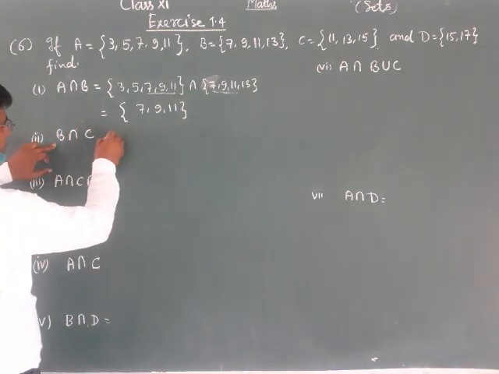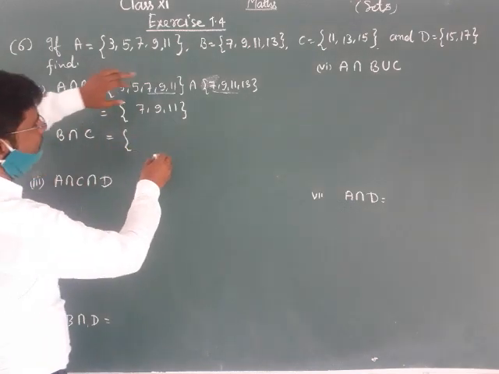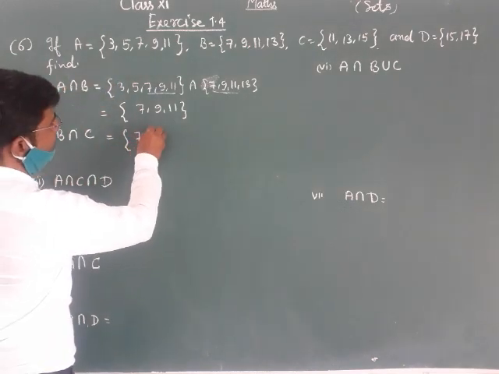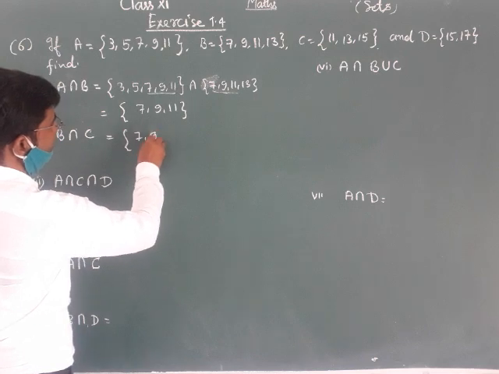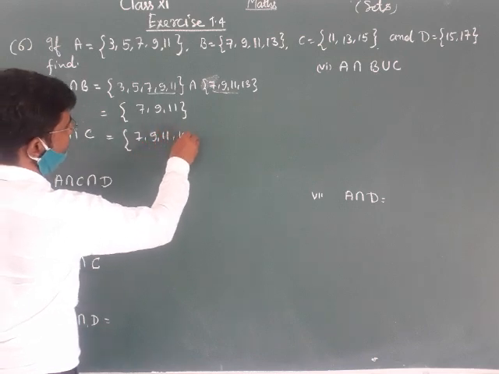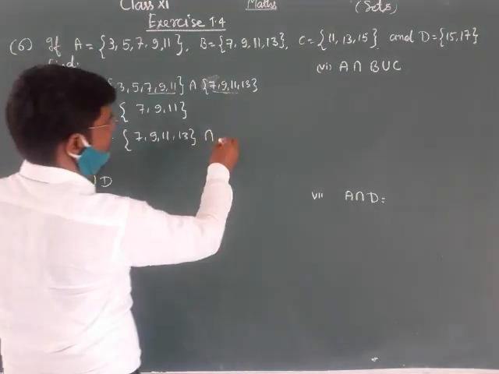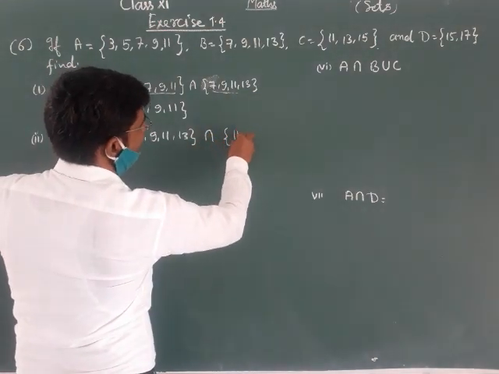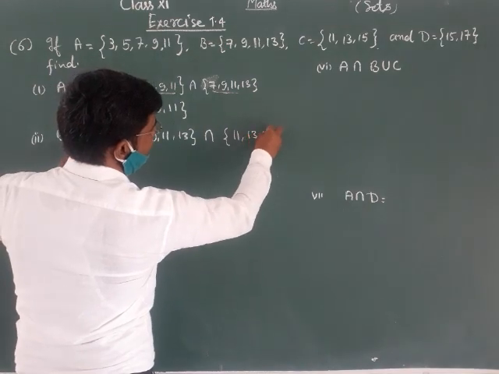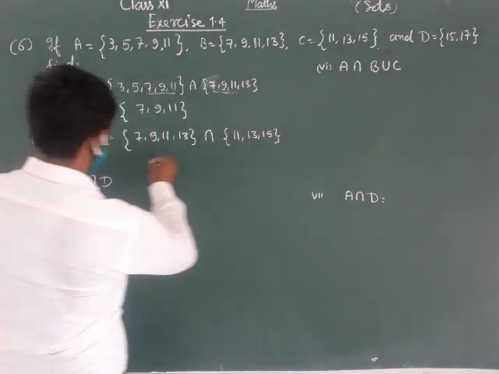And B set has elements 7, 9, 11, 13, and intersection C is {11, 13, 15}.